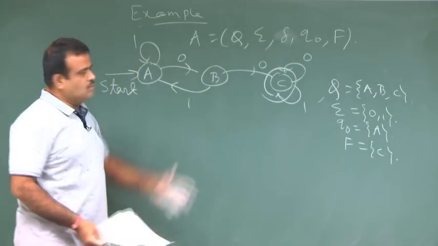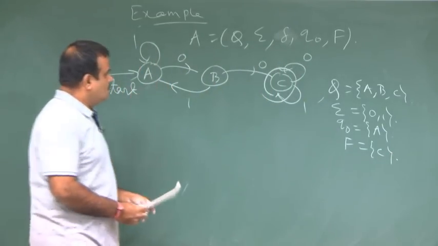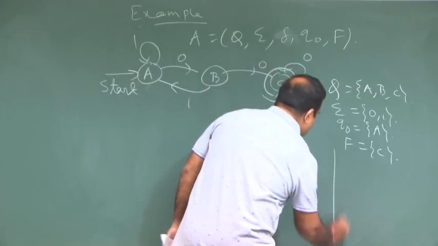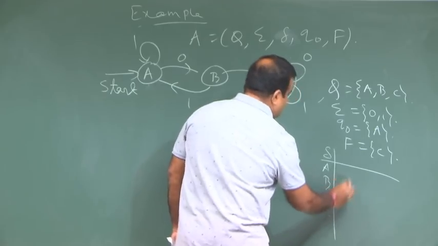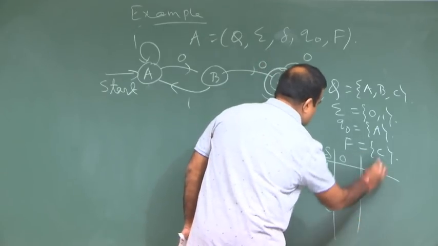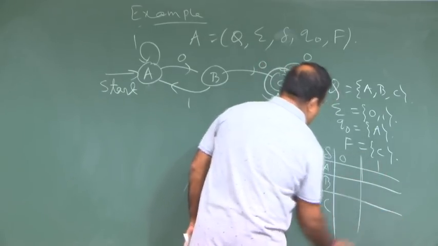Delta is the rule, so we can write a table with A, B, C and 0, 1.